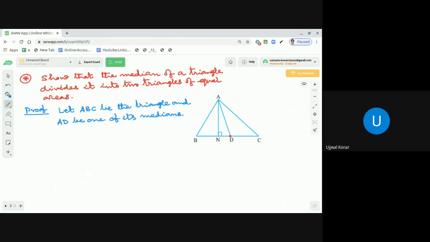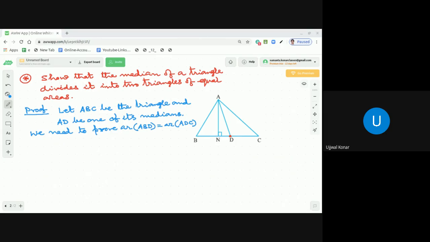What we need to prove is that the area of the triangle ABD is equal to the area of the triangle ADC. Correct, dear students? So how to prove it?